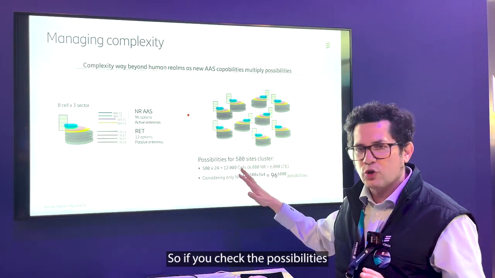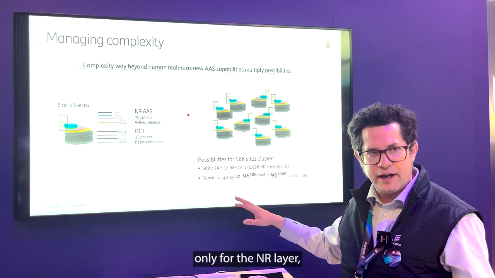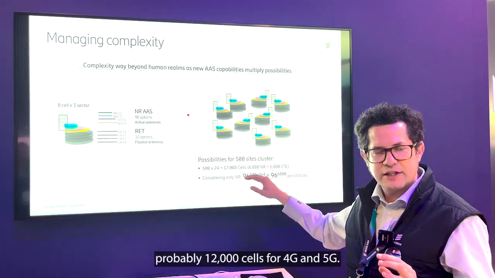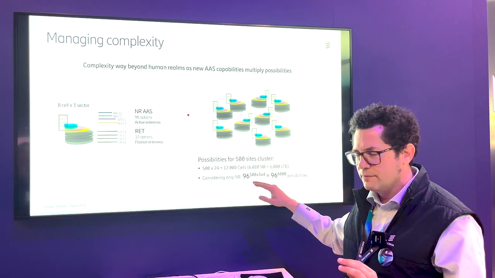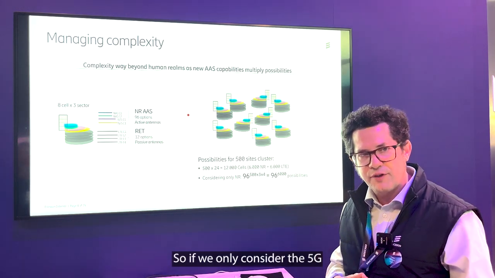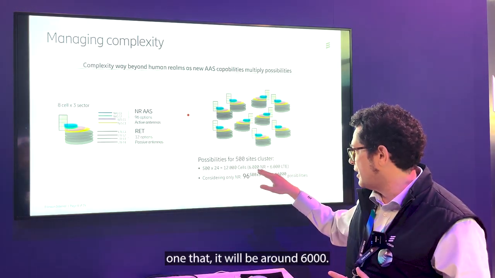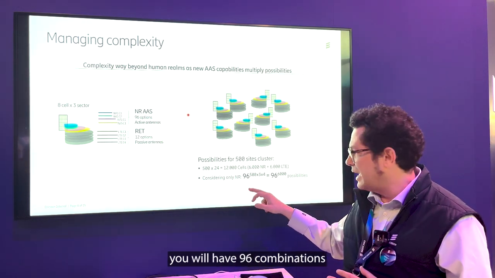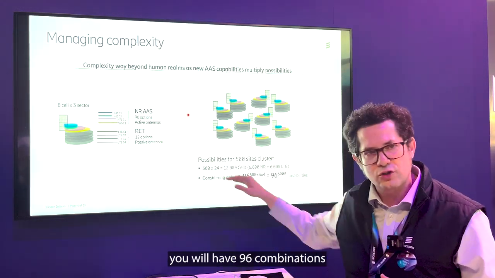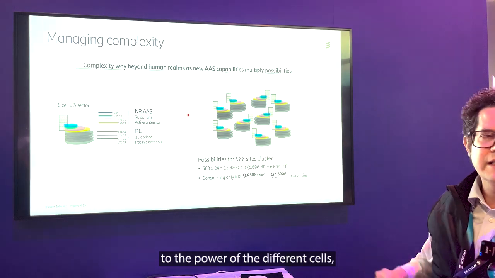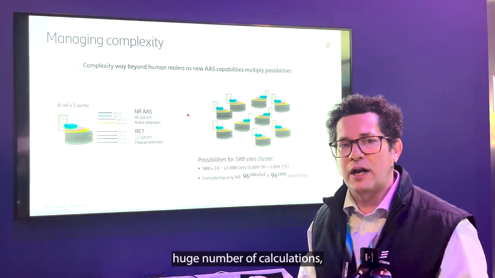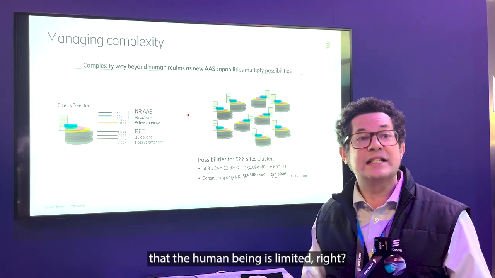So if you check the possibilities only for the NR layer, you will probably end up having 12,000 cells for 4G and 5G. So if we only consider the 5G ones, that will be around 6,000. So if you consider only the NR, you will have 96 combinations to the power of the number of cells, which is a huge number of possibilities, a huge number of calculations that the human being is limited on, right?